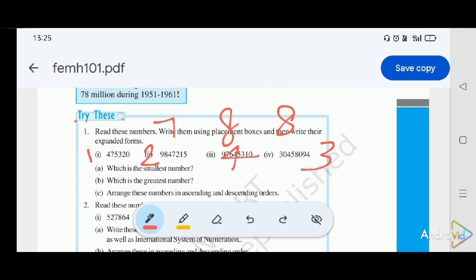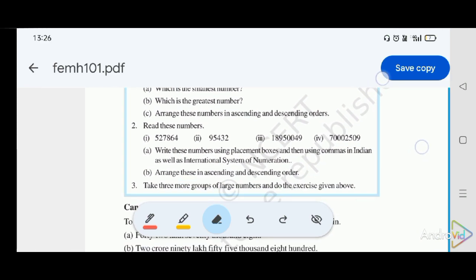Similarly, in case of descending order, we have to write the third number as first, the fourth number as second, the second number as third, and the first number as fourth. I have mentioned the places after which it should be done.